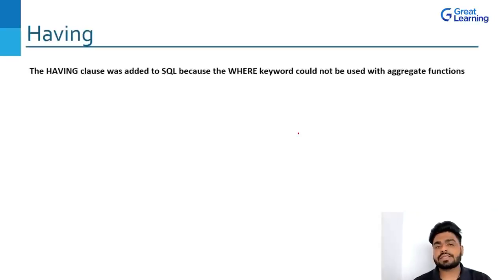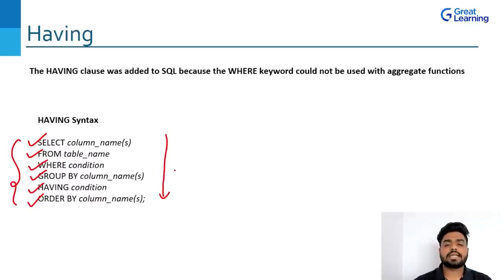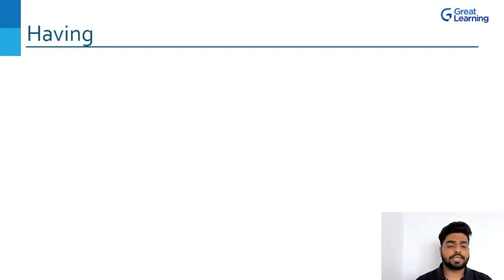Where and having do the same thing, but where cannot be used with aggregate functions, while having can be used with aggregate functions. That is why we have the having clause. So this is the syntax of the whole query, starting from select, from, where, group by, having and then order by. This is the sequence which you need to understand and follow whenever you're writing a query.